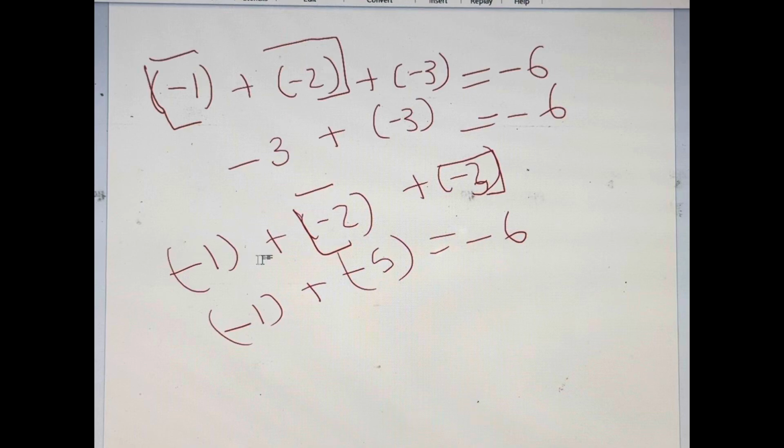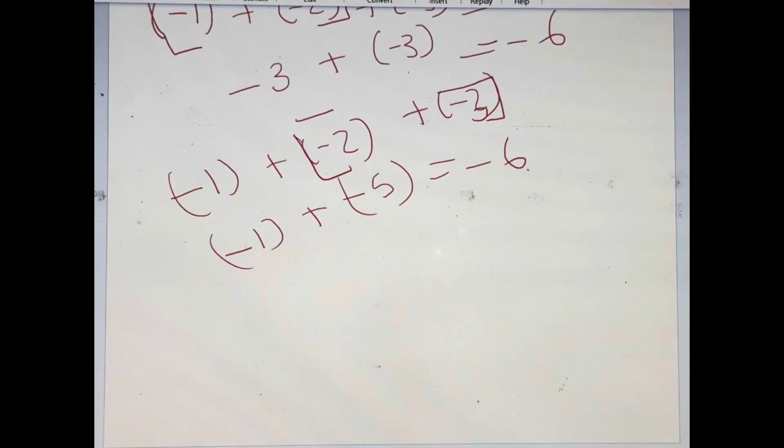Now let us see the same example with the help of tokens. Okay. I'll write the question once again: minus 1 plus minus 2 plus minus 3.